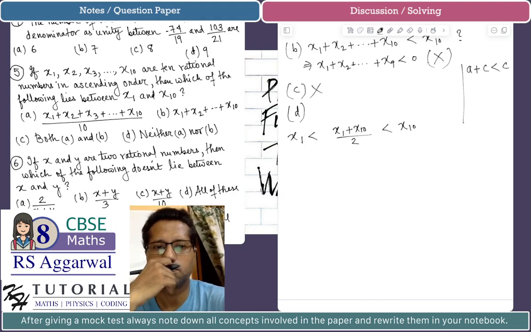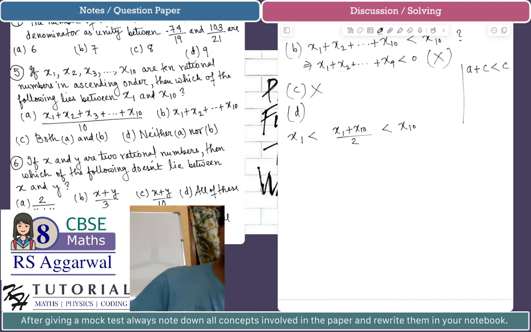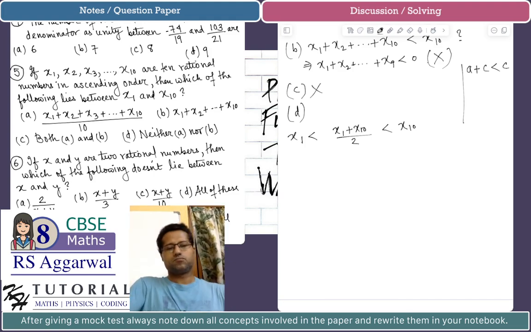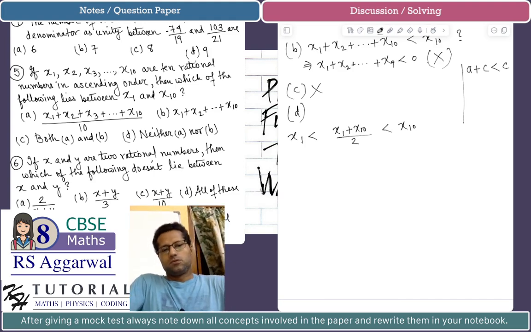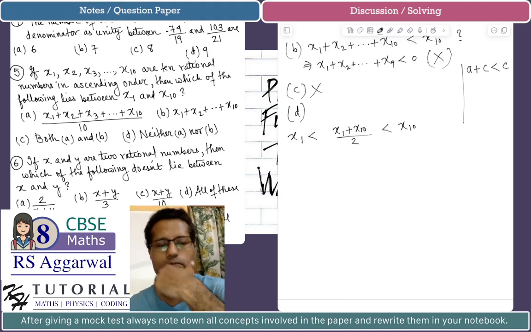x1 plus x2 less than x1 plus x2 plus x3 plus up to x10 divided by 10.